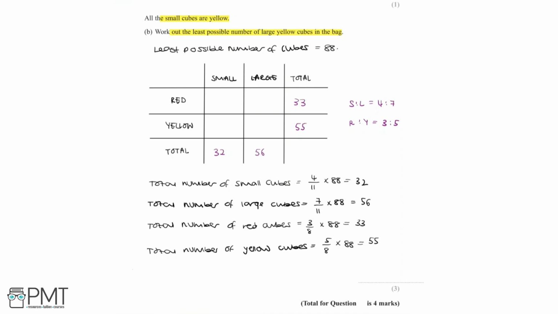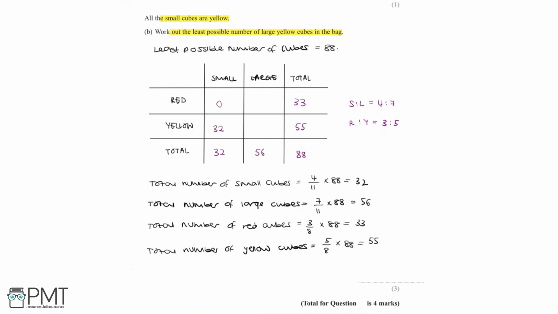We also know that the number of all cubes in total is equal to 88. Now we're told that all of the small cubes are yellow, which means that we can say out of the small column we have 32 yellow small cubes and 0 red small cubes.